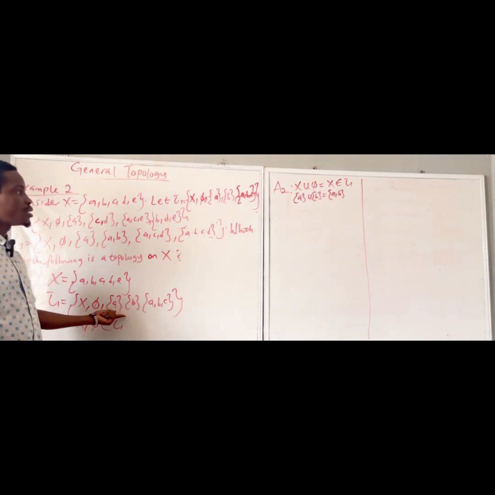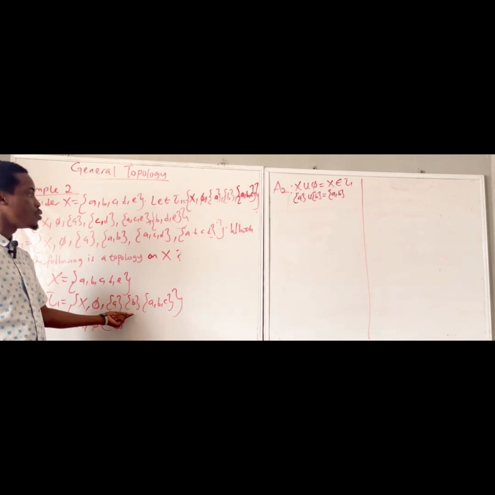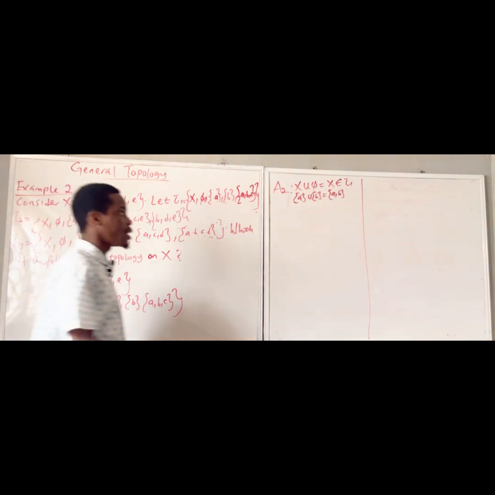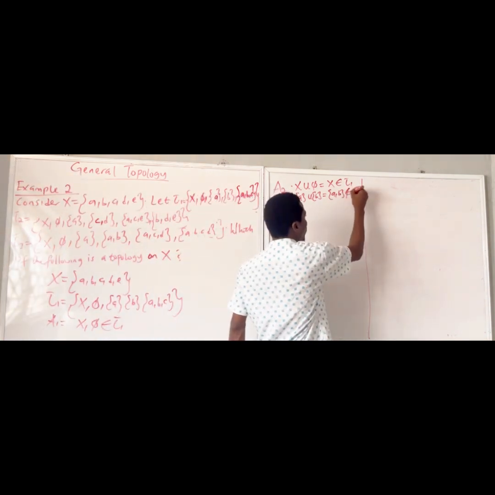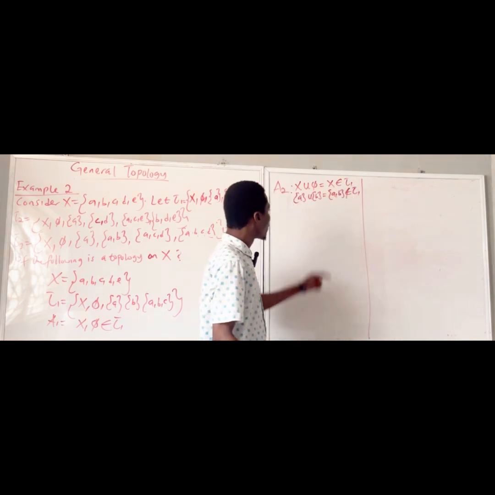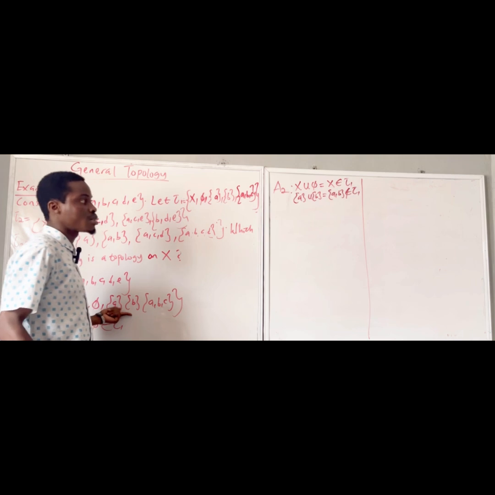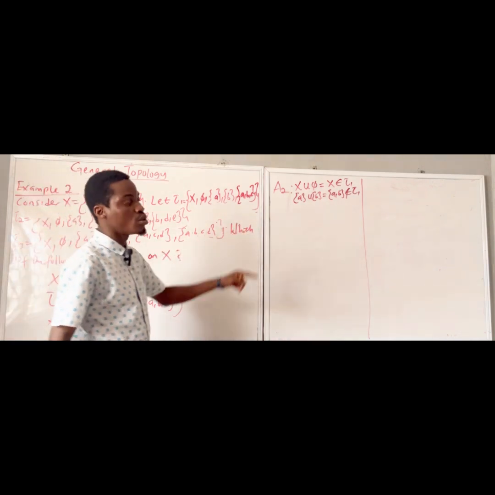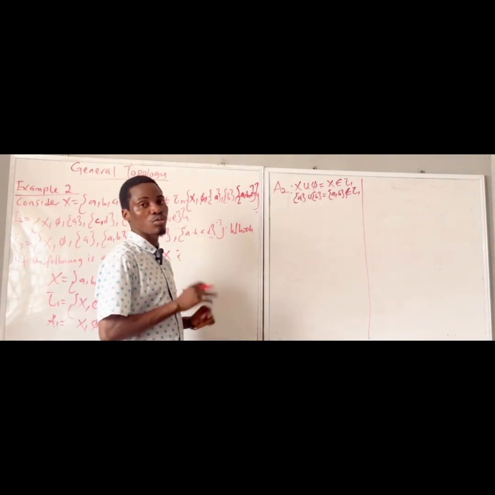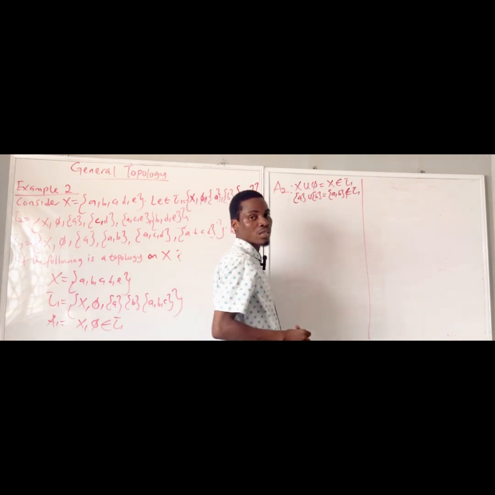In Tor 1, we cannot find {A, B}. So since {A, B} is not a member of Tor 1, A union B is not in Tor 1, and it means issue 2 is not satisfied by Tor 1.